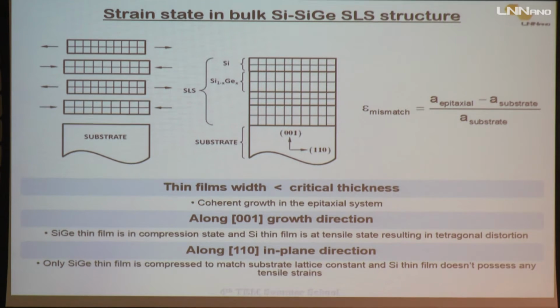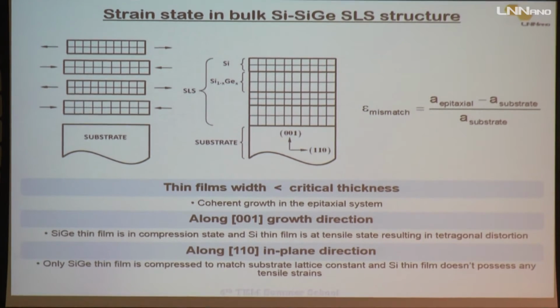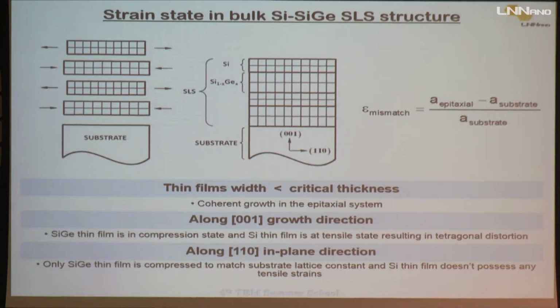So it's very important to understand what the strain state is in the bulk material. Here, the thickness of these films is 10 nanometers, which is less than the critical thickness, so there is coherent growth in the epitaxial system. Coming to the strains, how these layers are expanded or contracted along 001, the growth direction: silicon germanium is compressed because it has a bigger lattice parameter compared to silicon.